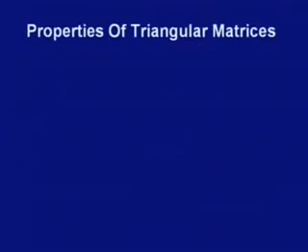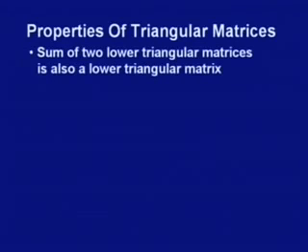Now these triangular matrices appear in many engineering applications, and various properties of these matrices are useful. For that purpose, we will be discussing properties of triangular matrices. The first property we would like to discuss is that the sum of two lower triangular matrices is also a lower triangular matrix.